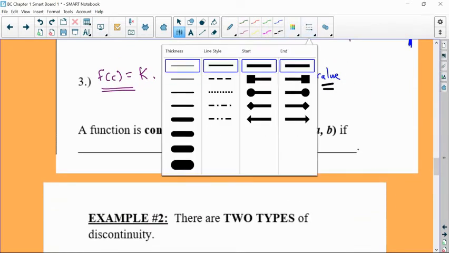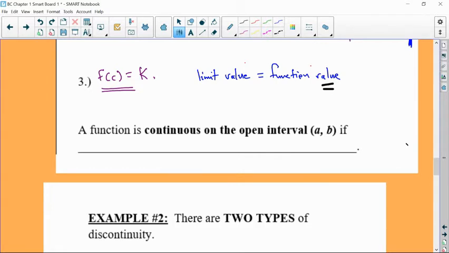A function is continuous on the open interval if it is continuous at every point c in that interval.